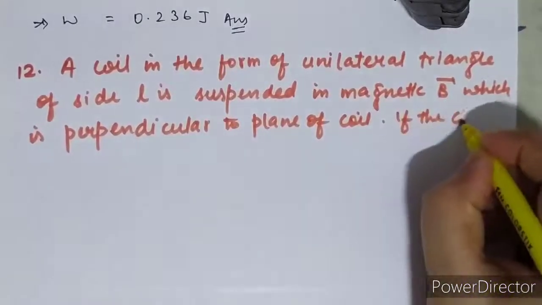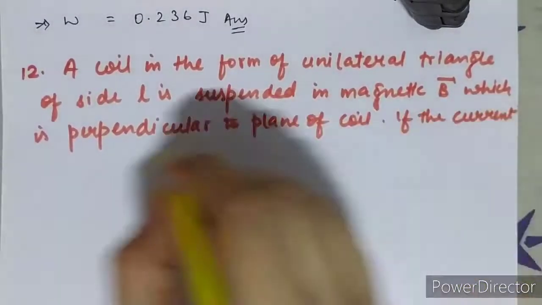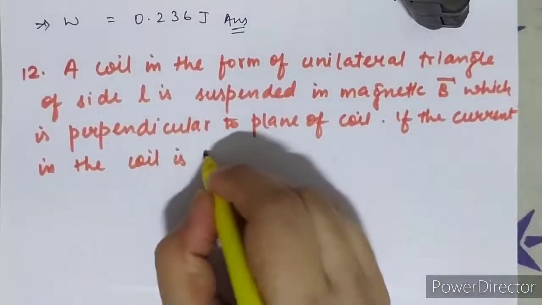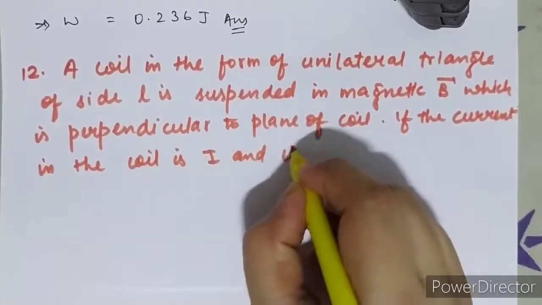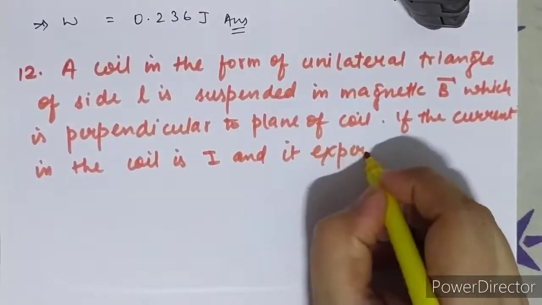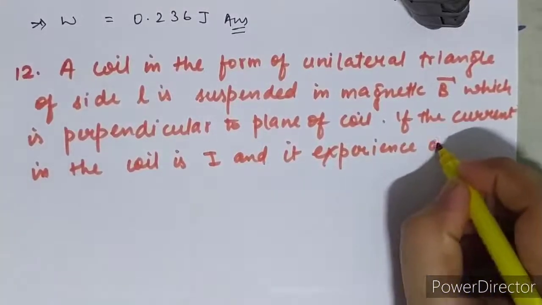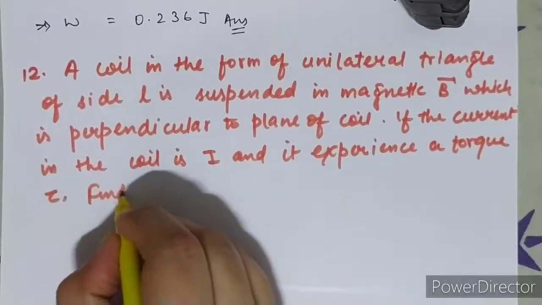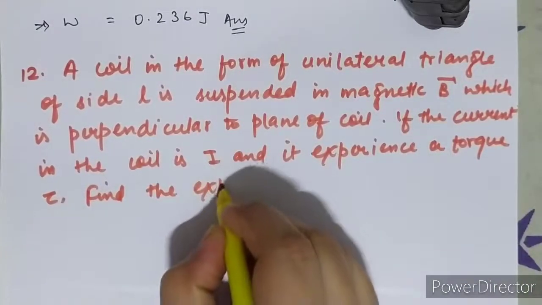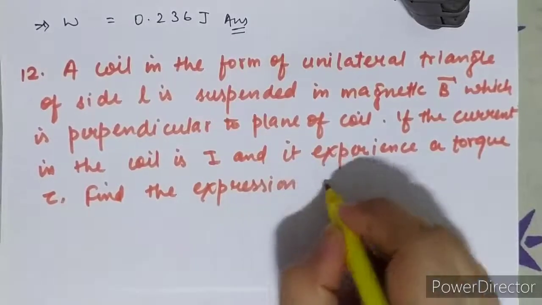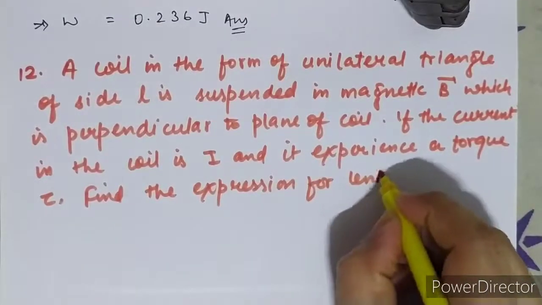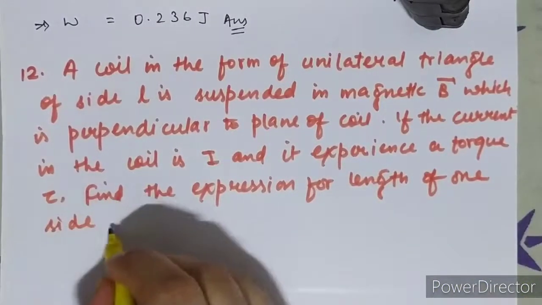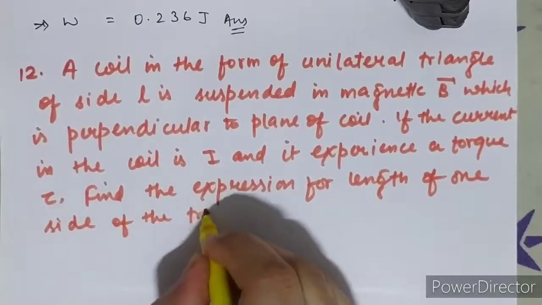If the current in the coil is I and it experiences a torque, find the expression for the length of one side of the triangle.